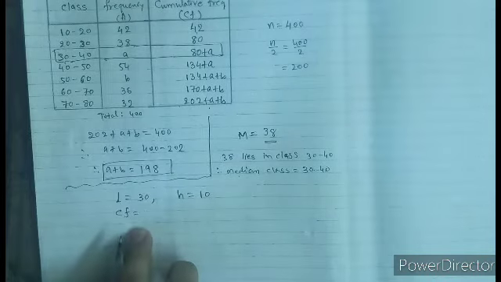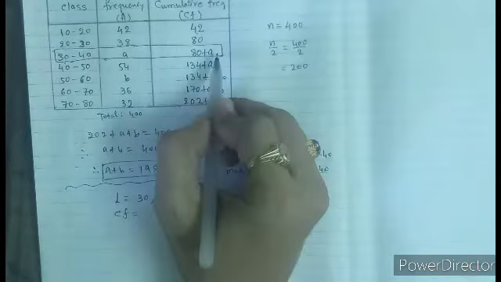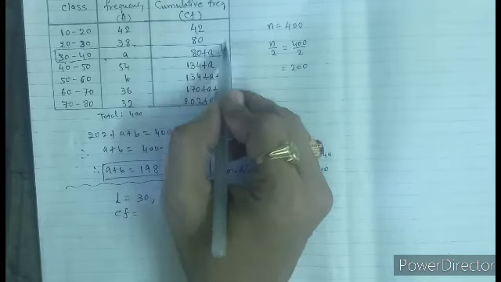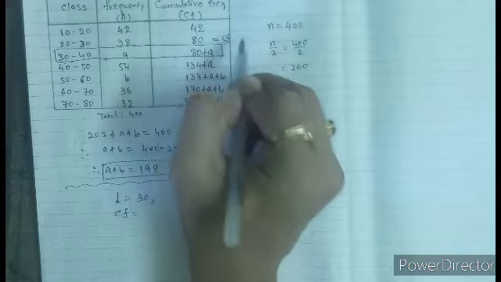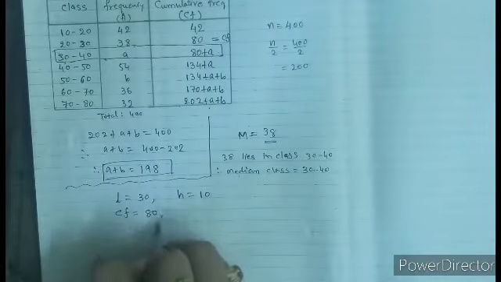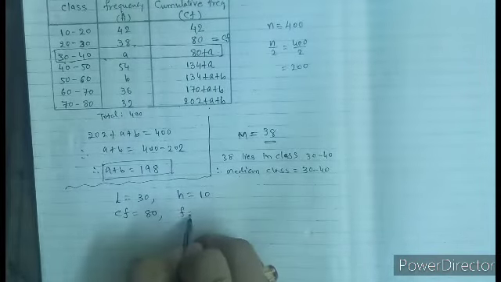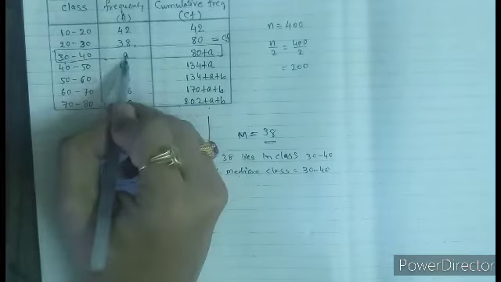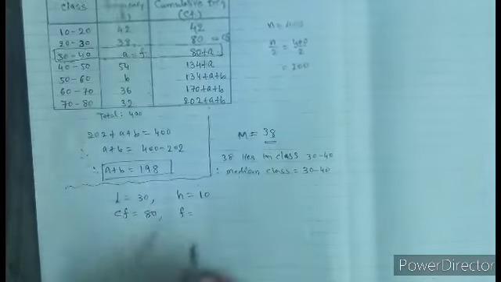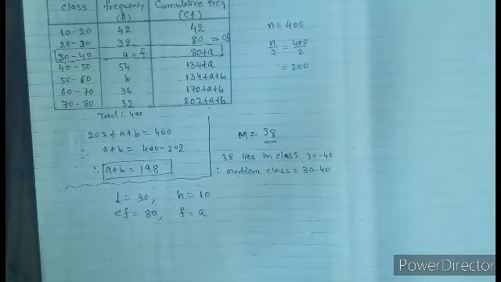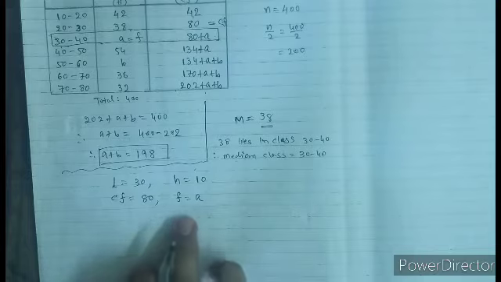We know that CF is the cumulative frequency of the class preceding the median class. Here the cumulative frequency preceding the median class is 80. Therefore we can write CF equals 80. And F is the frequency of the median class. In the median class 30 to 40, the frequency is A. Therefore we can say F equals A. Thus we have obtained all the required terms.